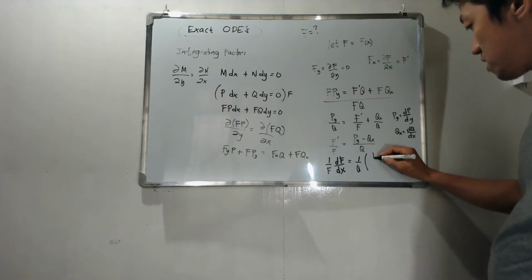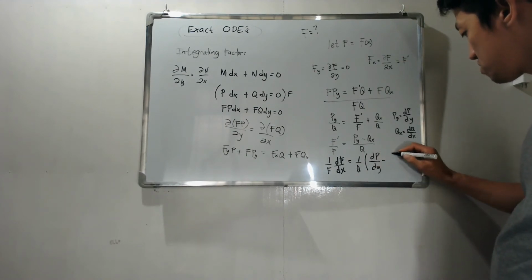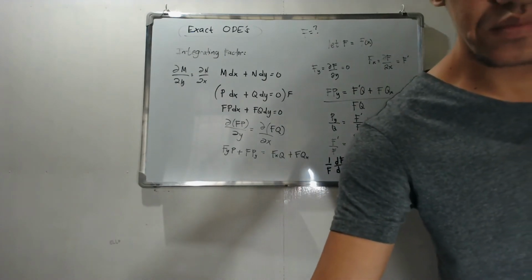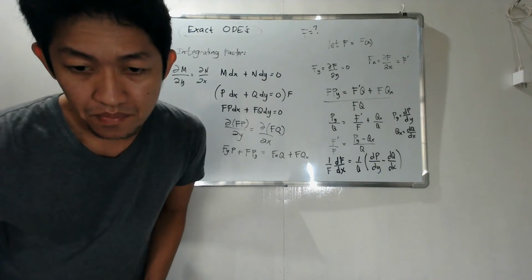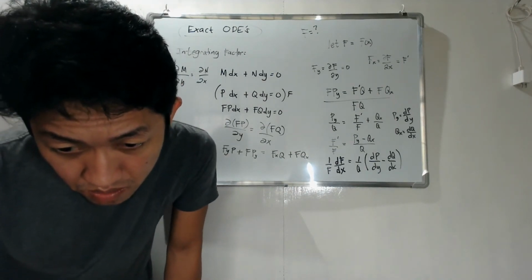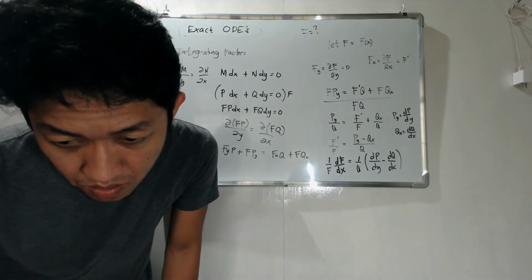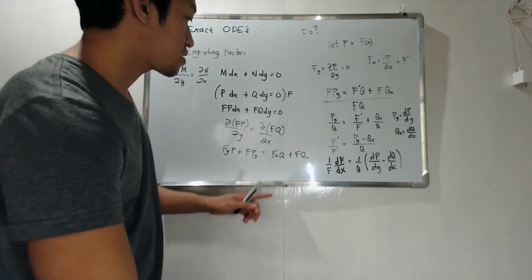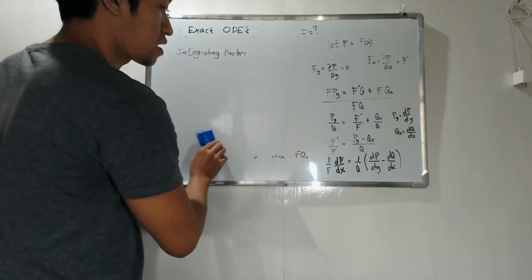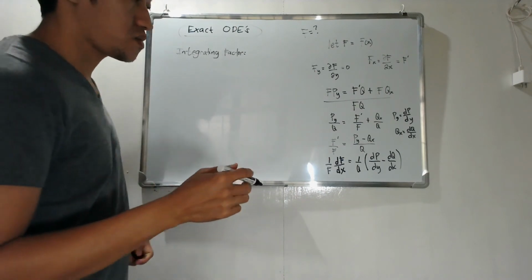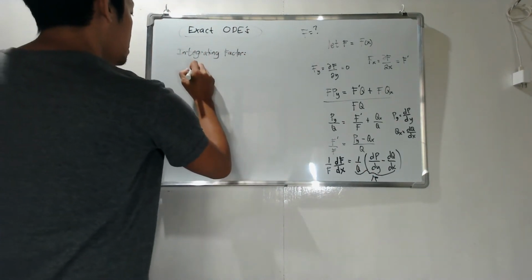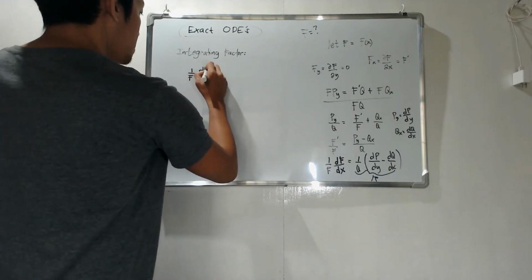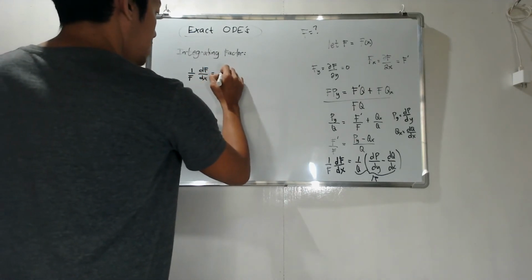Therefore, dP over dy minus dQ over dx. I will erase this one, and then let's rename this whole term as R. So this becomes, your integrating factor now, 1 over f times df over dx is equal to R.